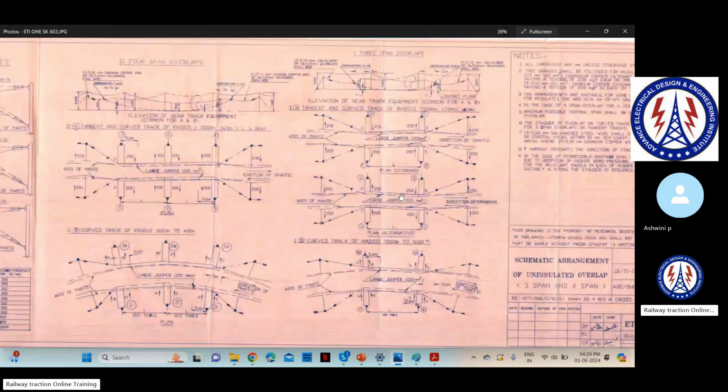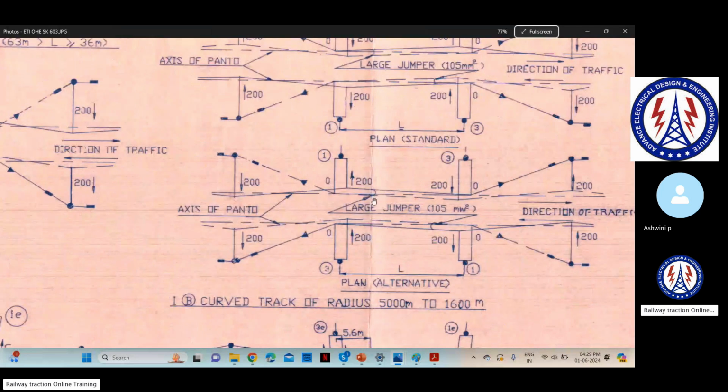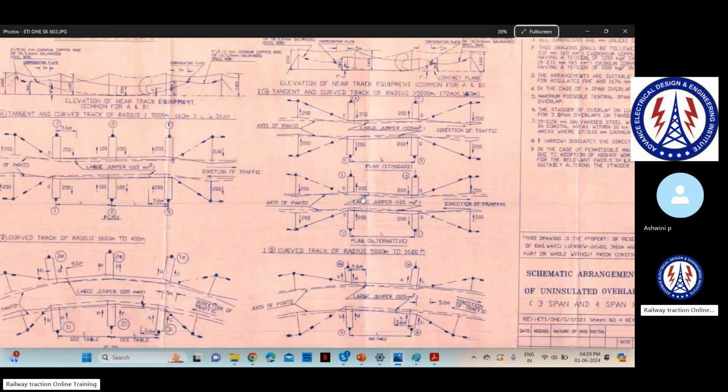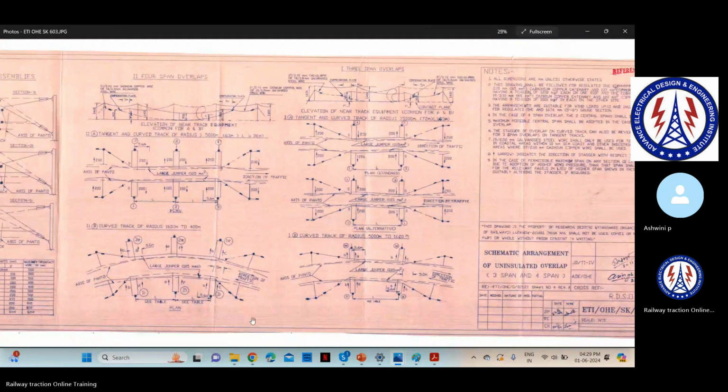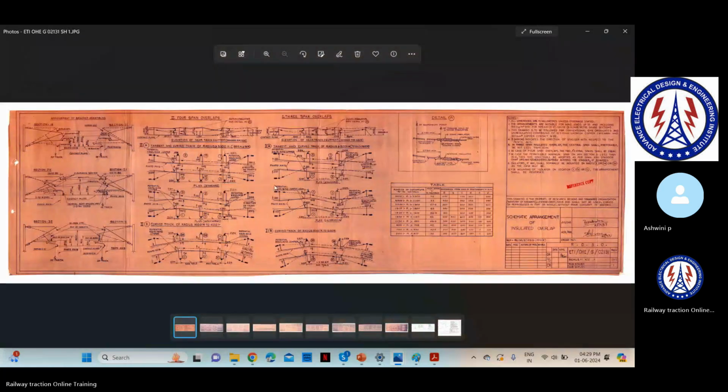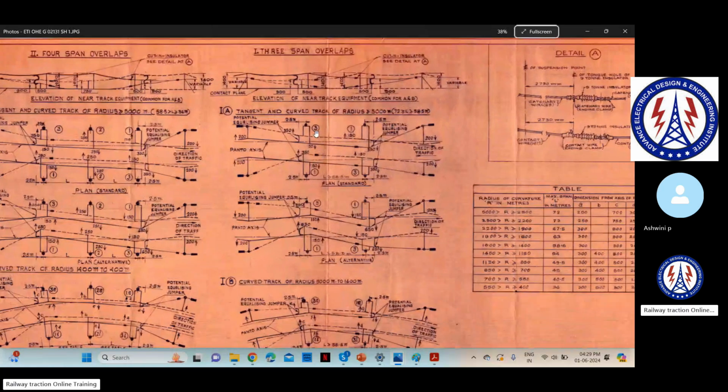This is what the jumper location is over here. The difference: here the insulator is not there. You cannot find the insulator here, but here there is an insulator.